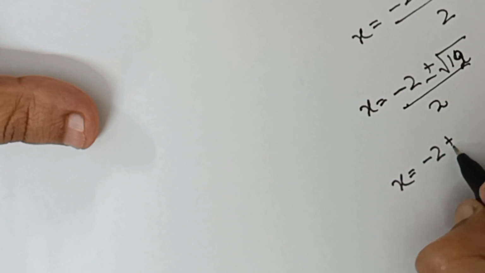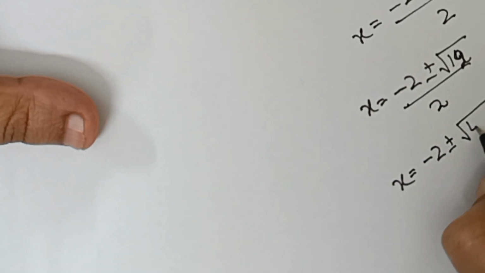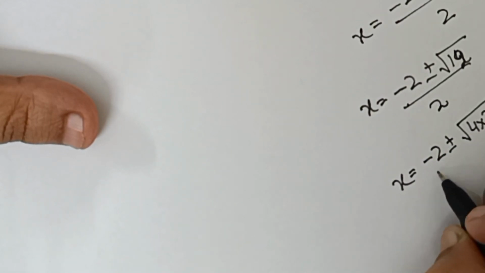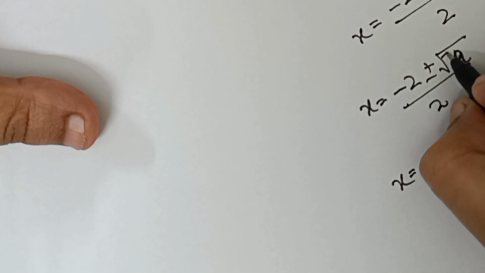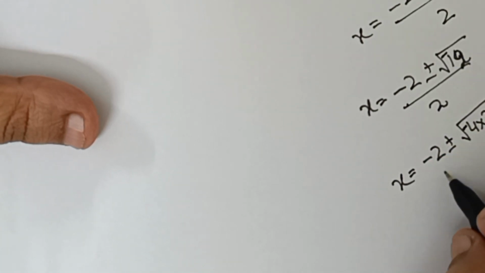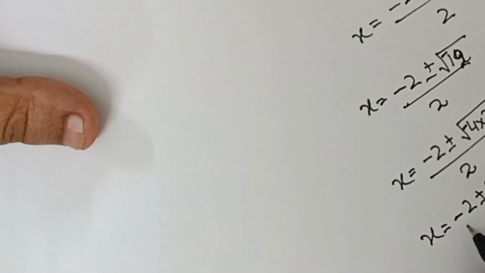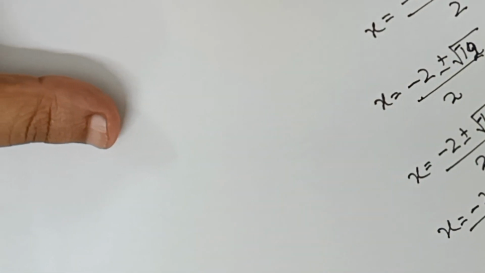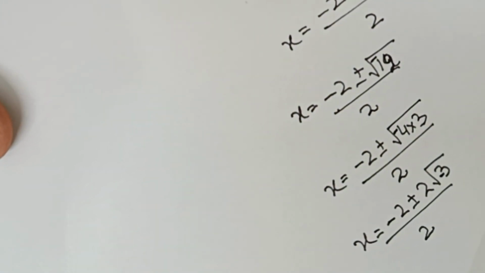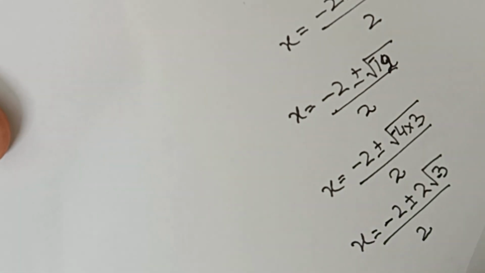Now we will make the factors of 12, that are 4 and 3. 4 will come out of the square root as 2, and square root of minus 3 will be left behind. And we will get x is equal to minus 2 plus minus 2 square root of minus 3, over 2.